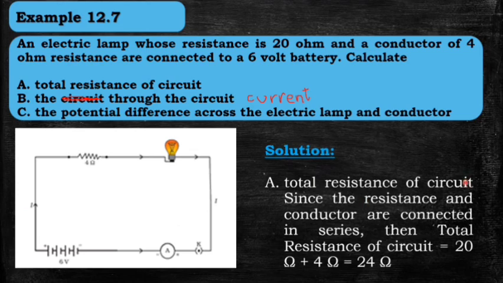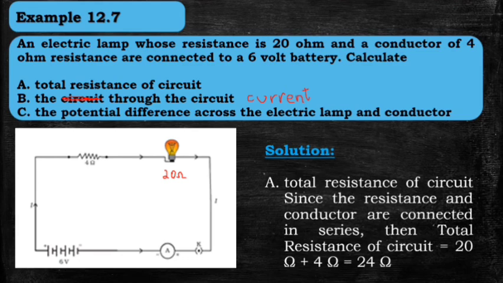The total resistance of the circuit: since the lamp and conductor are connected in series, one has 20 ohm of resistance and the other has 4 ohm.